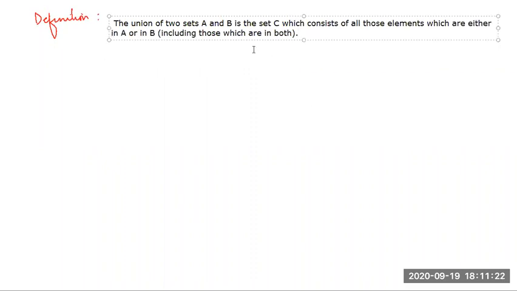Let me read it. See, the union of 2 sets A and B is the set C, which can be written as C is equal to A ∪ B, which consists of all those elements which are either in A or in B, and including those which are in both. So this is the physical meaning of A ∪ B.